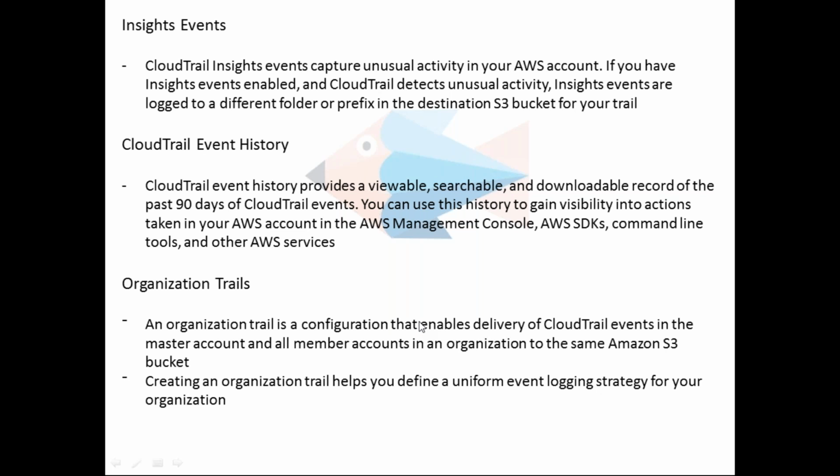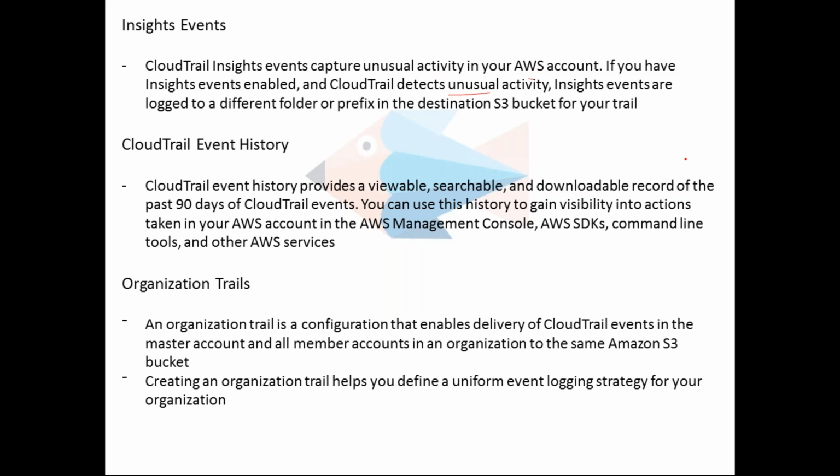Next comes the insight events. So the CloudTrail insights events capture unusual activity in your AWS account. So if you have insights events enabled, and CloudTrail detects unusual activity, insight events are logged to a different folder or prefix in the destination S3 bucket.